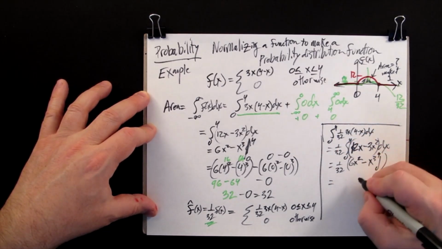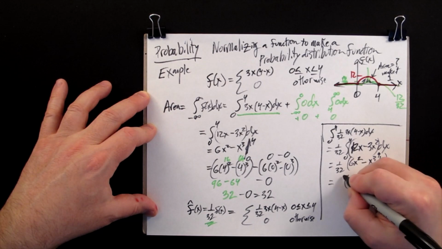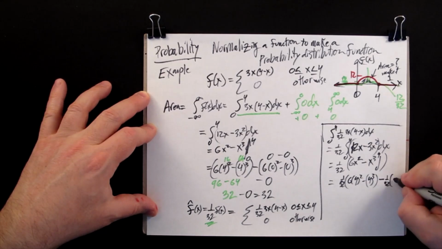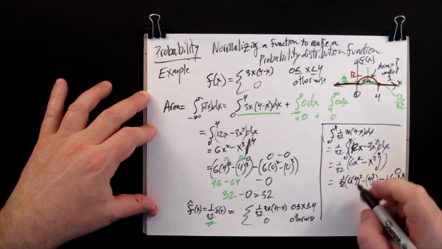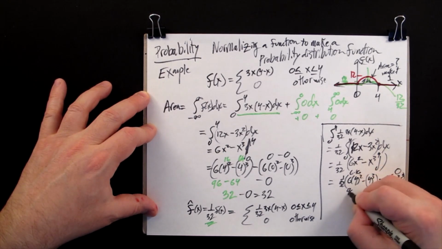So this will be 1/32 times 6 times 4 squared minus 4 cubed, minus 1/32 times 6 times 0 squared minus 0 cubed. Again, this part is 0. Here we have 16 times 6, so that's 96.